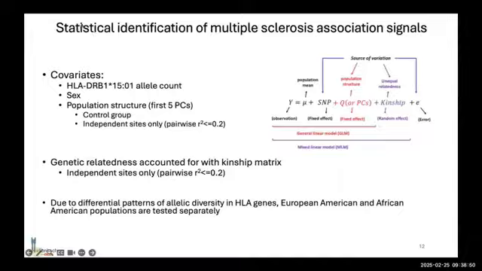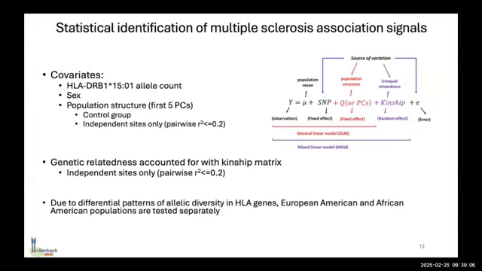For our statistical model for evaluating the MS signal, we have our covariates. We need to account for 1501, and we need to account for sex, because MS is sexually dimorphic and you are at much higher risk if you're female.